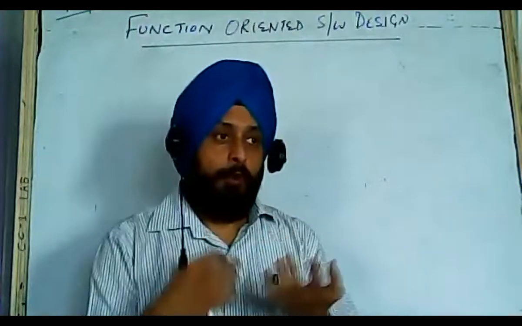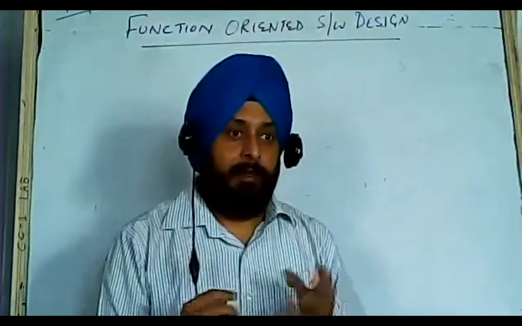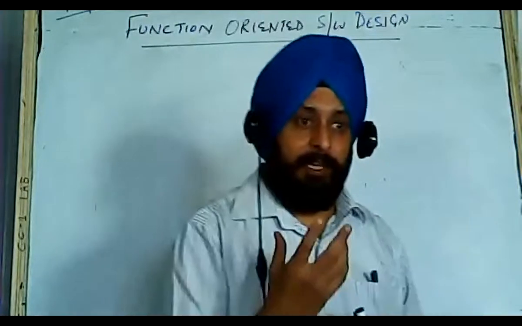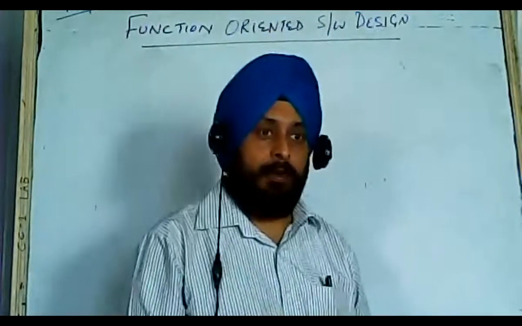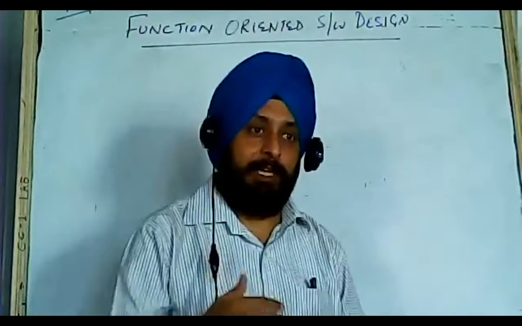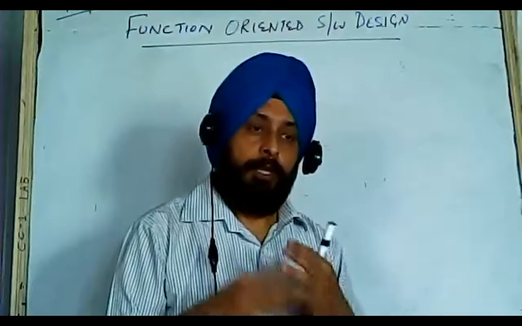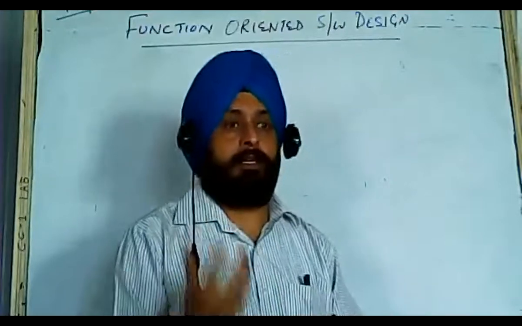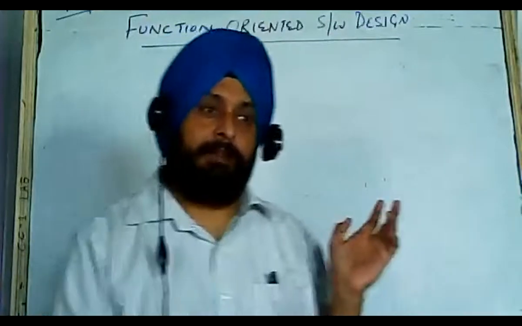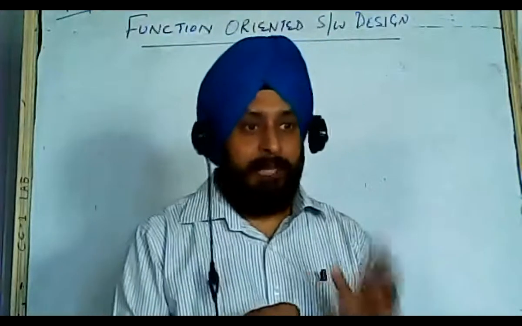You make a design on the basis of what different functions are required, so that all the things asked by the customer are implemented for him. All the things are implemented with the help of some functions.